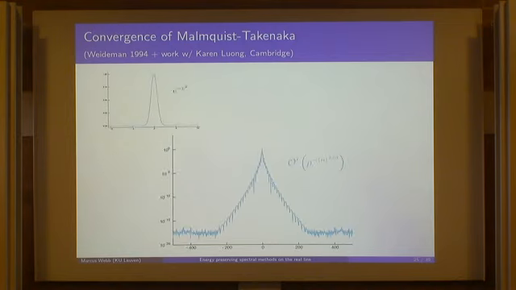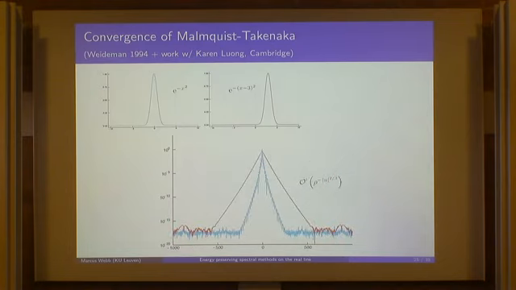Okay, so this Gaussian function, these are the expansion coefficients that decay 2/3 exponentially fast. If I shift the function over, this makes it worse because the Malmquist-Takenaka functions are concentrated, they're centered around 0, and so the basis function is relatively flat in this area, so they're going to have a bit of a hard time.